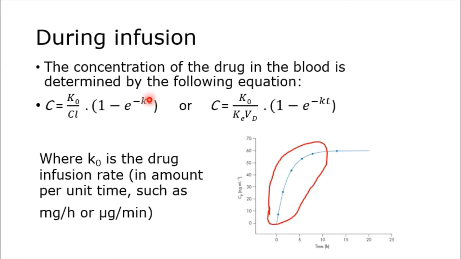Or we can just substitute clearance by elimination rate constant multiplied by the volume of distribution.